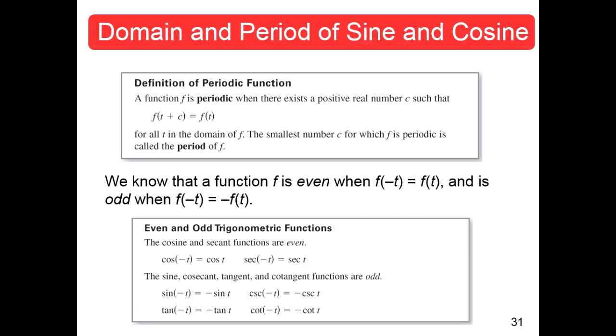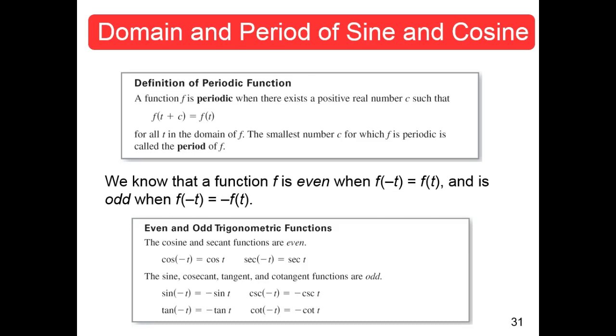Now, we also know the even and oddness thing. When f of minus t is equal to f of t, we call that an even function, because if you go to minus t here, go positive t there, and get the same result on either side, that's an even function. But it's odd when f of minus t is exactly the opposite of f of t. So cosine and secant are even functions.